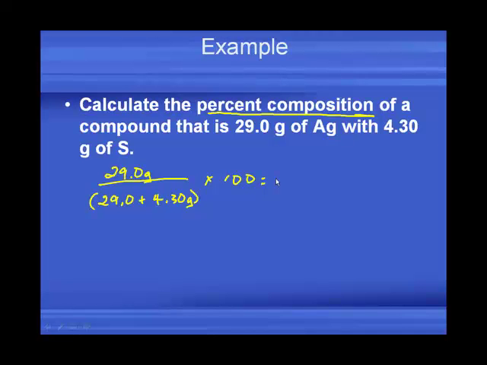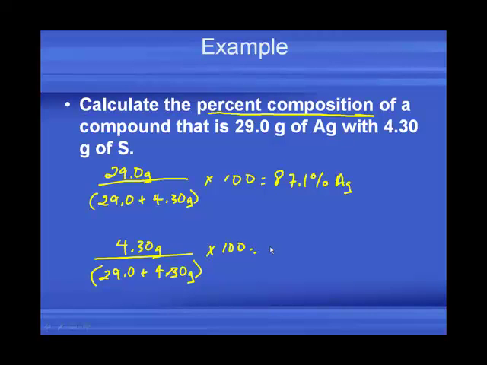So 29 divided by 29 plus 4.3, times 100, and you get that your compound is 87.1% silver. Now at this point you can do the same process for sulfur: 4.30 grams of sulfur divided by 29.0 plus 4.30 grams, times 100.